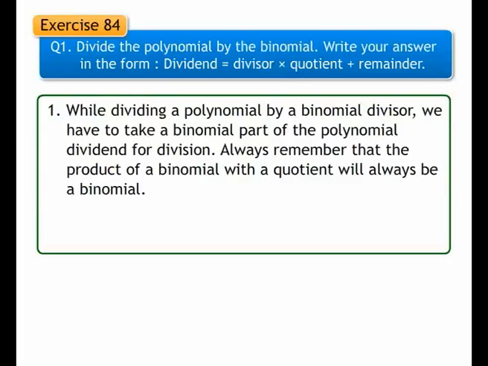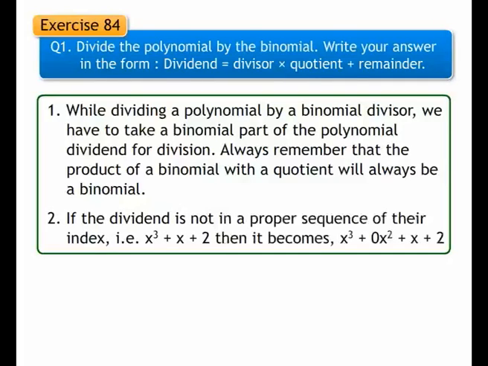Always remember that the product of a binomial with a quotient will always be a binomial. 2. If the dividend is not in a proper sequence of their index, suppose you have a dividend as x raised to 3 plus x plus 2, here x raised to 2, that means x square, is missing after x raised to 3.